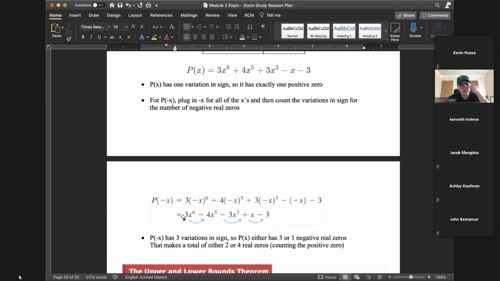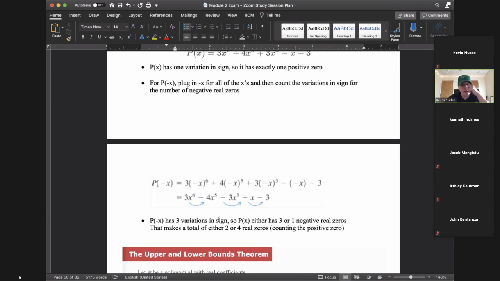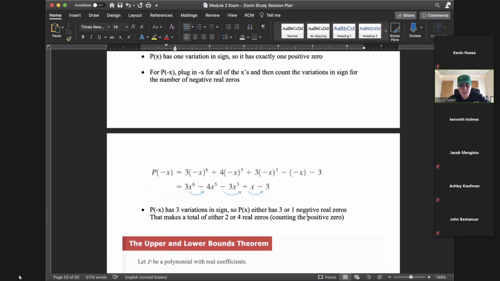So then we're going from positive 3x to the 6th to negative 4x to the 5th. There's 1 variation in sign. A negative to negative, there's not a variation there. So we've got negative to positive, there's another variation, and we've got positive to negative. So P of negative x has 3 variations in sign. So P of x either has 3 or 1 negative real zeros, because since there's 3 variations in sign, it can either be 3, equal to the number of variations in sign, or it can be less than that by an even whole number.